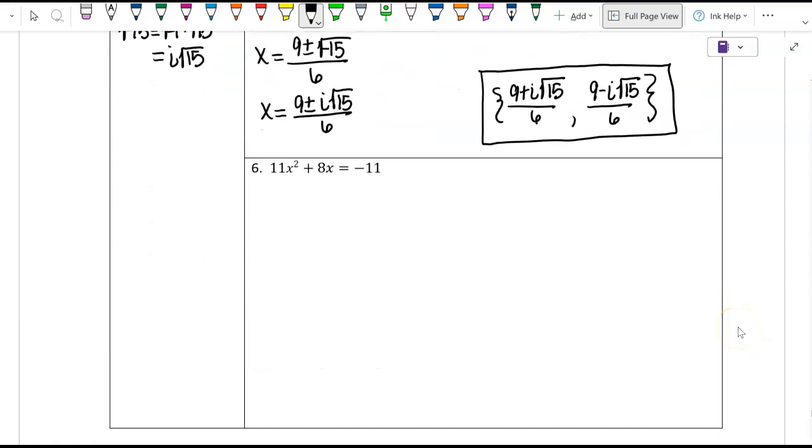All right, so number 6, we have 11x squared plus 8x equals negative 11. Now, I will go back and we'll work through how we get the answer, but I want to start with what is the answer? What goes in my brackets? What is my solution set on this problem? What did we get?